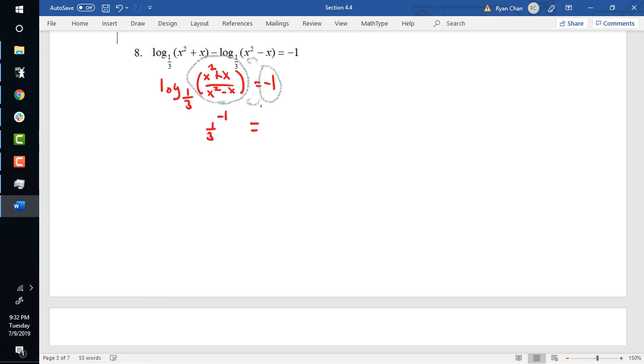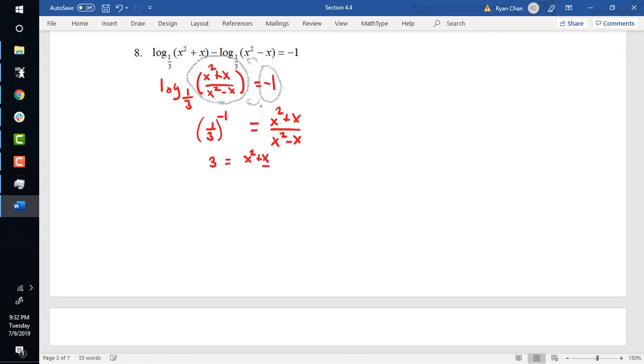1/3 to the -1 is equal to x squared plus x over x squared minus x. Remember, 1/3 to the -1, it'll flip around. Remember, it's going to swap. So it's going to be 3.